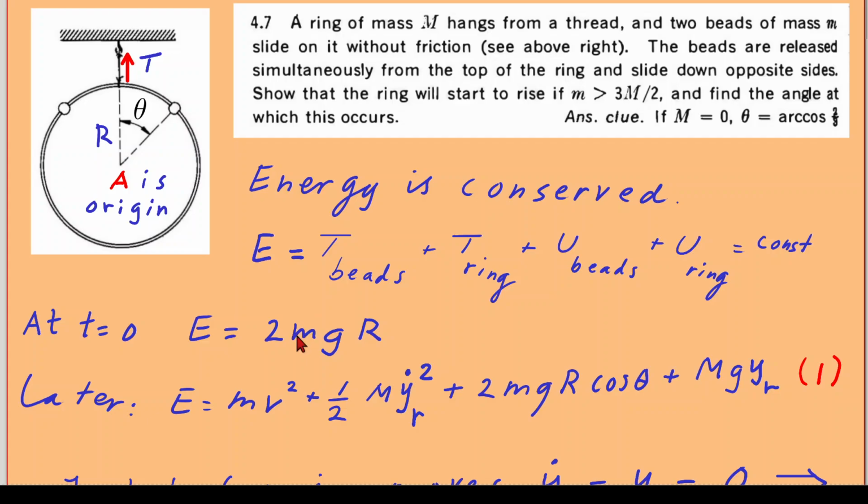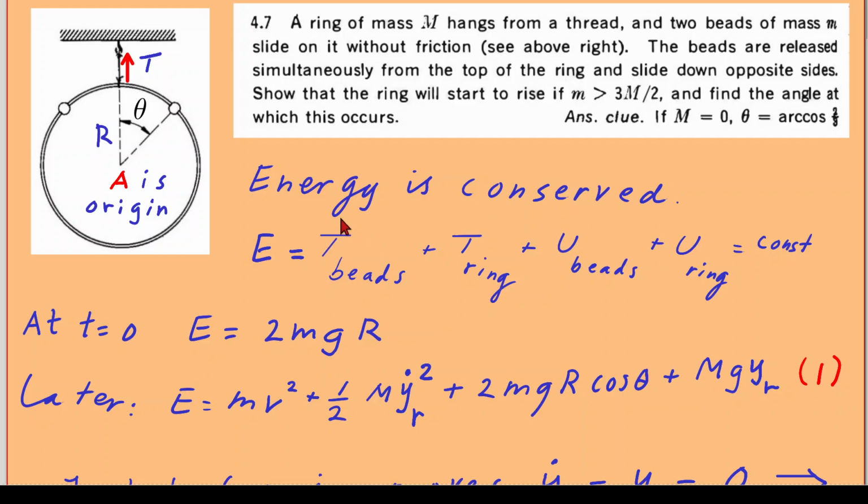So let's take a look here then at the start. At t equals 0, both masses are up here, and then we let them go, and they slowly will then move downwards. But when they are up here, there is no kinetic energy because they start from rest.